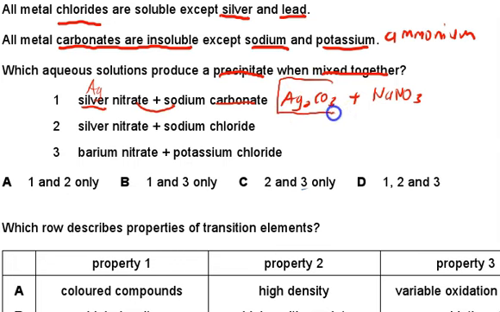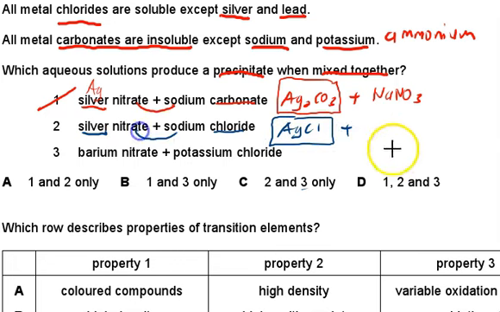It will form a precipitate. Now the next one, silver and chloride. So we have another precipitate over here, plus sodium nitrate. Yes, this one is not a precipitate, it is soluble.